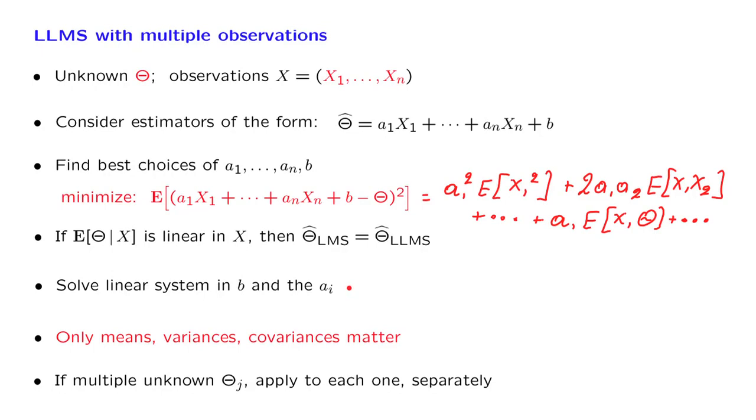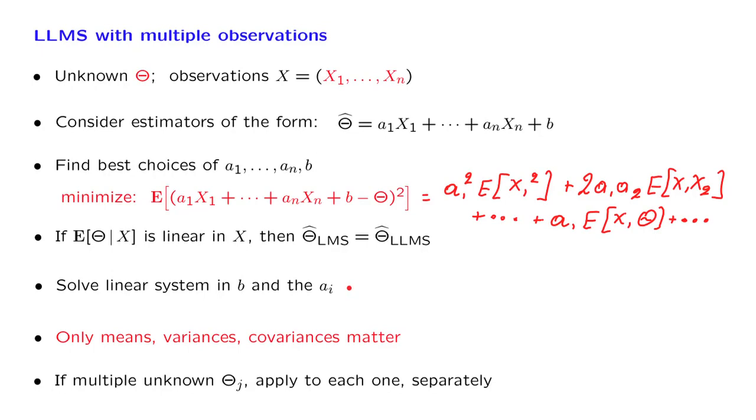If you take this expression and expand it, it's going to have a bunch of terms. For example, it's going to have a term of the form a1 squared times the expected value of x1 squared. It's going to have a term such as twice a1 a2 times the expected value of x1 x2.